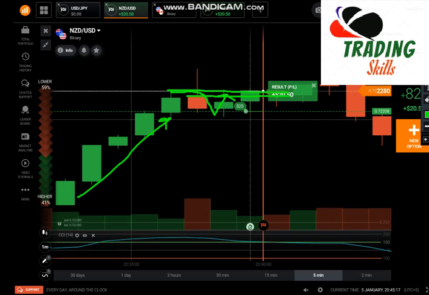Because of that gap, let me show you here clearly. Now you can see exactly from that level the market again went down, so I took my trade with a margin of safety, and there was a big gap, so because of that gap I won my trade confidently.